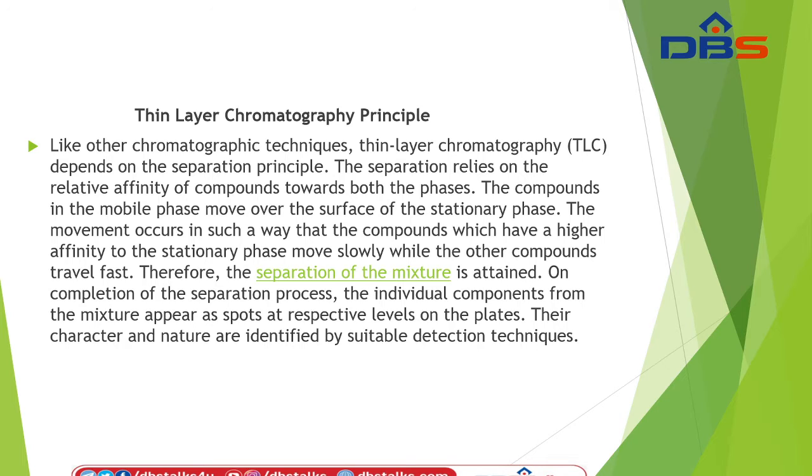The separation relies on the relative affinity of compounds towards both the phases. The compounds in the mobile phase move over the surface of the stationary phase. There are two phases: one is the mobile phase, another one is the stationary phase. This movement occurs in such a way that the compounds which have a higher affinity to the stationary phase move slowly while the other compounds travel fast.